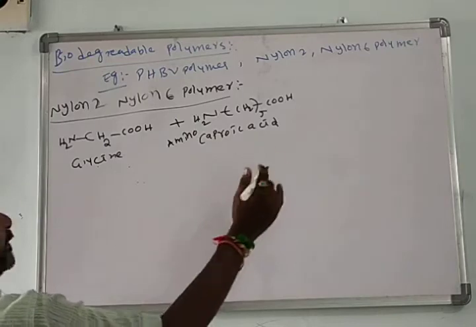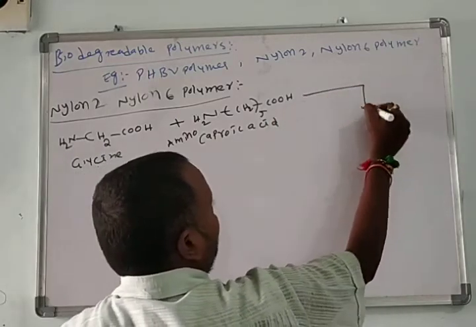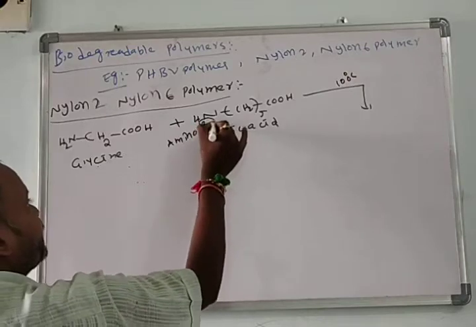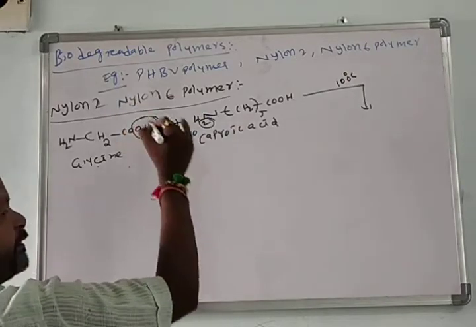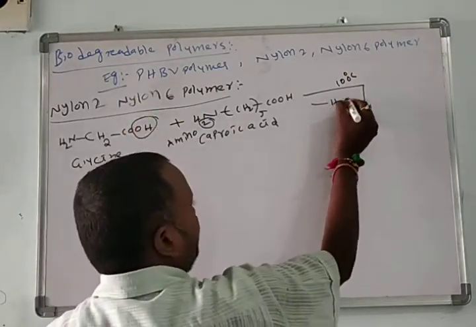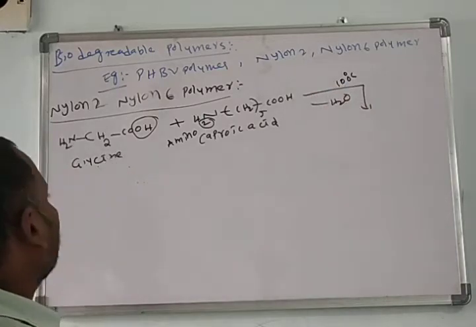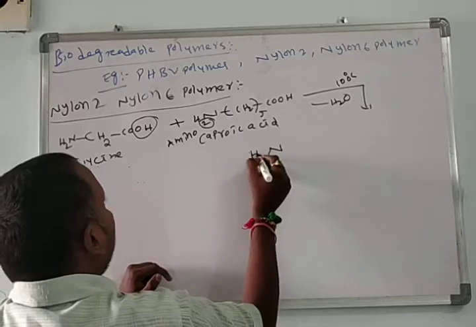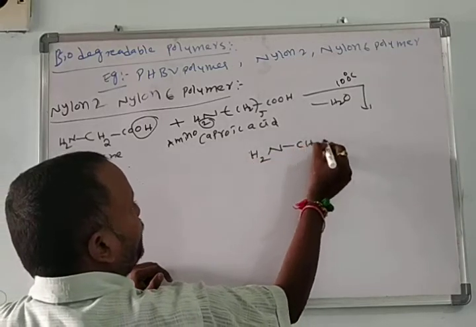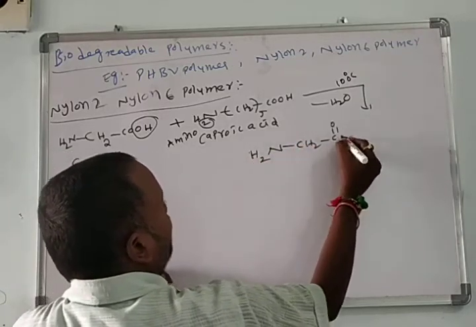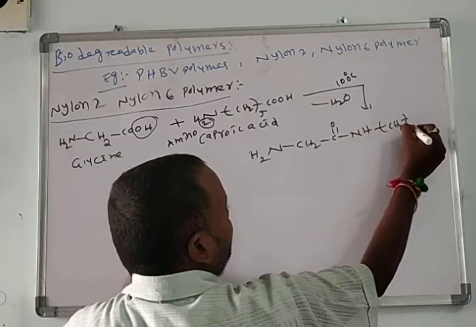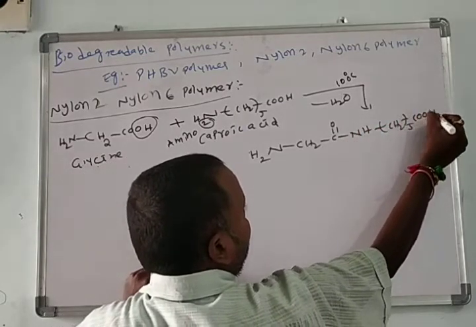Both react with each other at 100 degrees centigrade. What happened? Here H and here OH lose a water molecule and form a peptide bond: NH2, CH2, C double bond O, NH, CH2 taken 5 times, COOH.